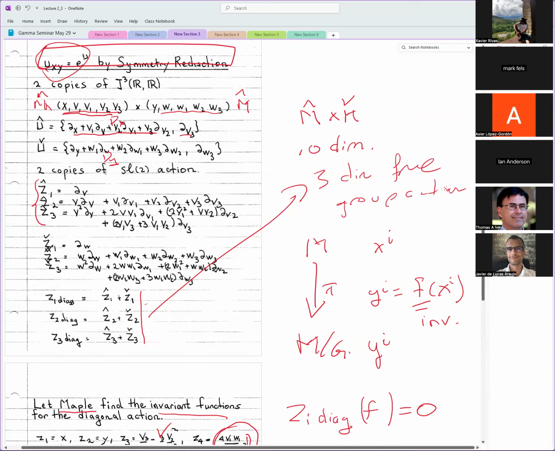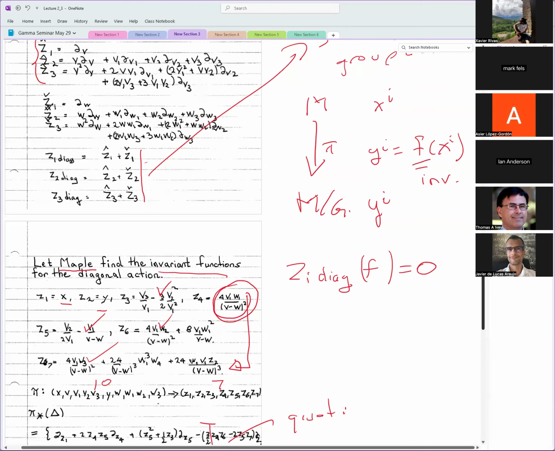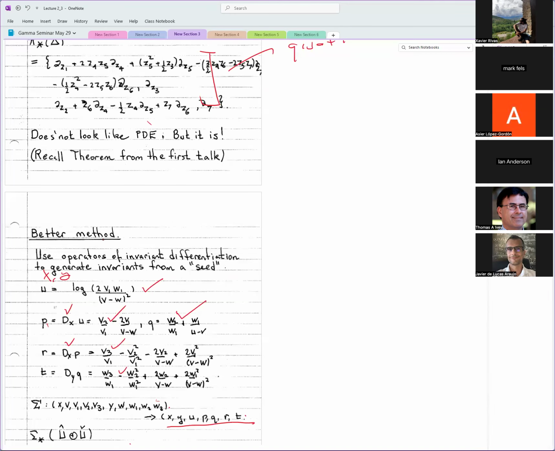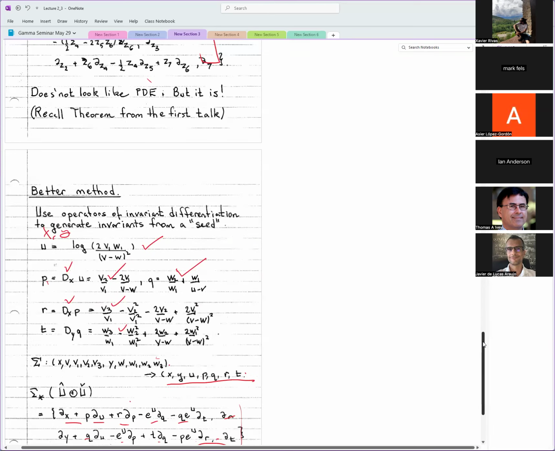So that's not an accident of Liouville's equation. That's going to happen all the time: I can always start off with some kind of invariant, and I'm always going to have at my disposal operators of invariant differentiation. That's not an accident of this example. Okay?